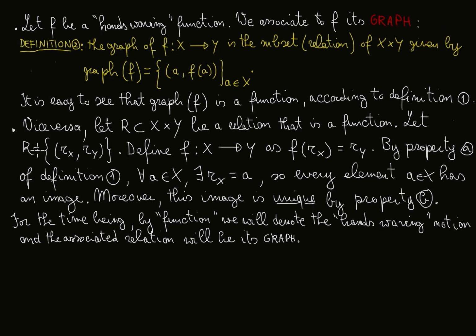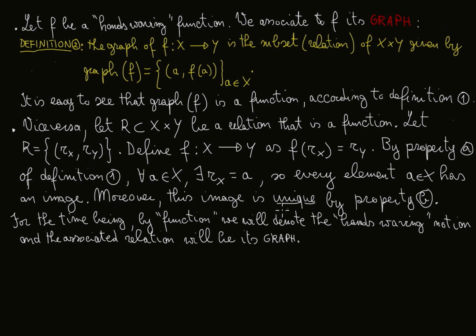Okay, since R is a function, then for every element of x, there is an element of R which has that element as a first element in this pair. So every element a in x has an image, namely the second element in this pair.